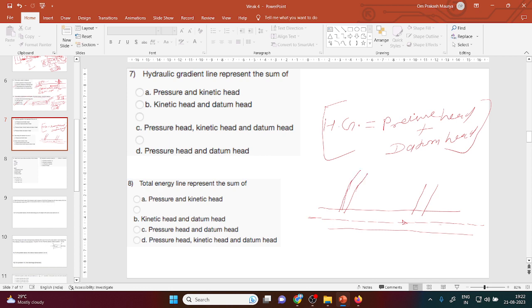Definitely water is flowing from this side to this side, so the pressure at that location will be more. Let's say this is H1, H2. So this line is known as a hydraulic gradient line.